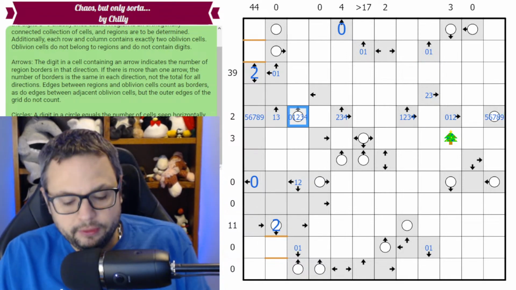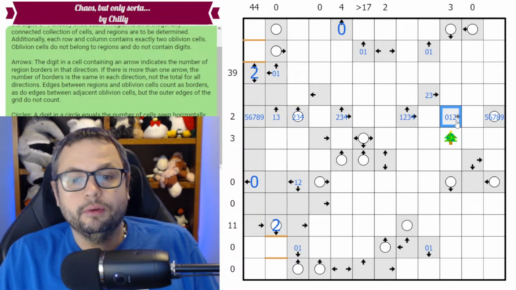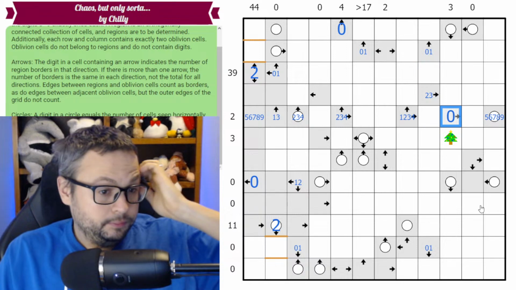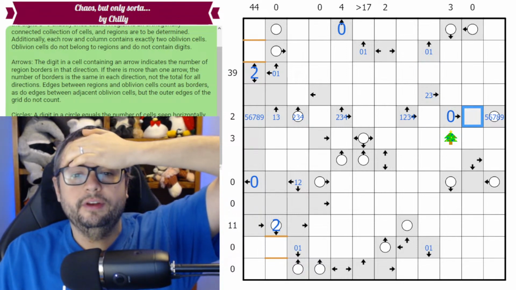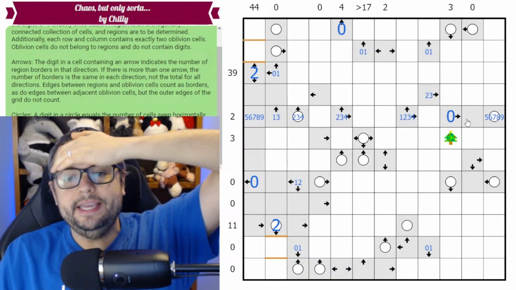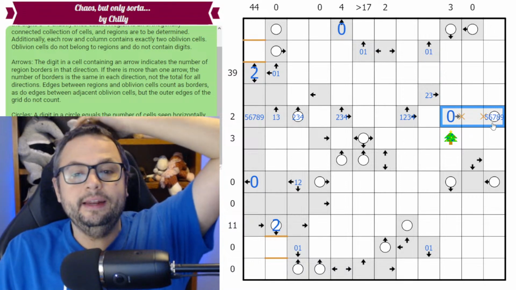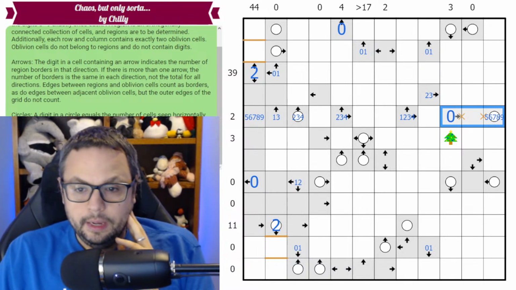And no zeros or ones in circles, right? And if there's no zeros or ones in circles, that makes this a 0. Beautiful. So if there's no borders, this is not an Oblivion cell. And we actually get the absence of a border in 2 places. So this is actually a little itty bitty region beginning to form on its own.